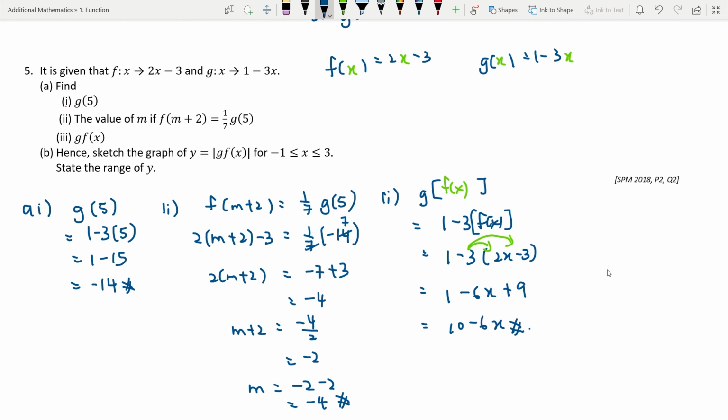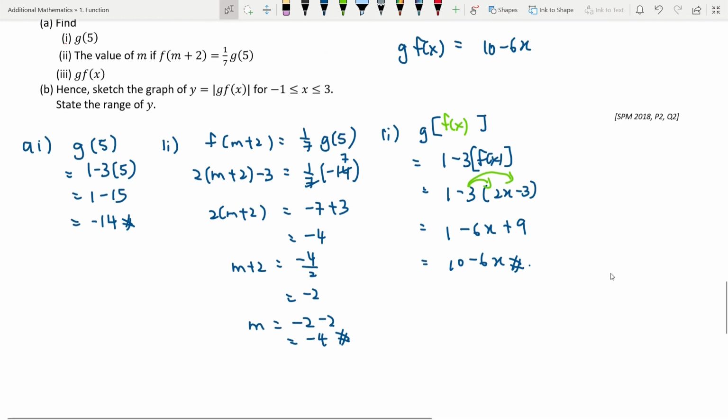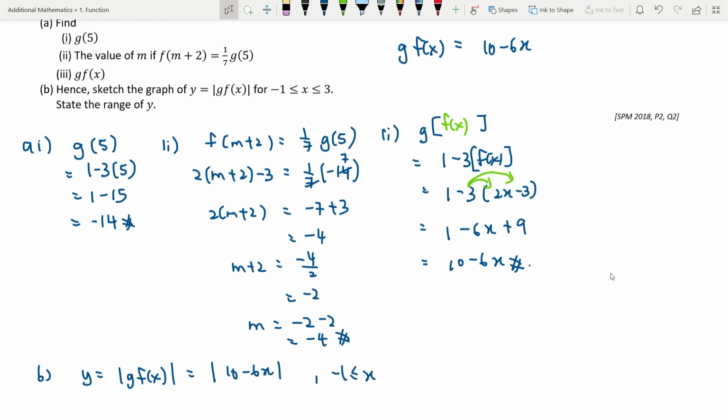B. Hence, sketch the graph of y equal to modulus g f x for x between negative 1 and 3. State the range of y. We have g f x is equal to 10 minus 6x. y equals modulus of 10 minus 6x, x is between -1 and 3.